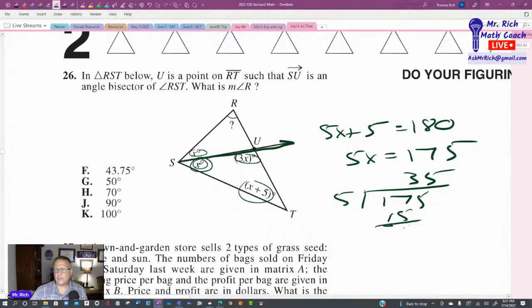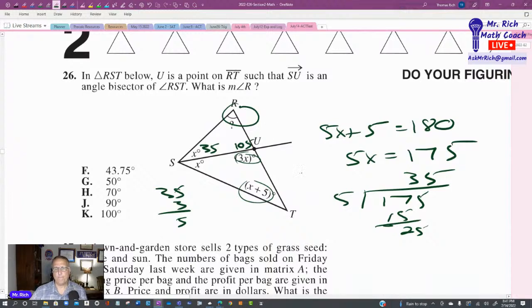Okay, 35 times, right? That's 25, 35. So X is 35. So this angle right here is 35. This would be 3 times 35, which would be, oh my gosh, 35 times 3 is 105. 105 plus 35 is 140. That would leave me 40 for that.